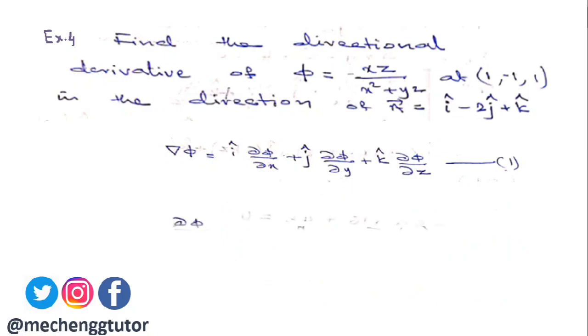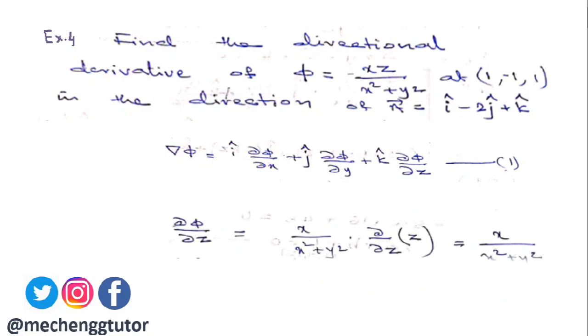Next we shall see how to find the partial derivative with respect to z. This is very simple because x upon x square plus y square becomes constant, kept aside. What remains is only z. So ∂/∂z of z is x upon x square plus y square. So you got ∂φ/∂x, ∂φ/∂y, ∂φ/∂z.